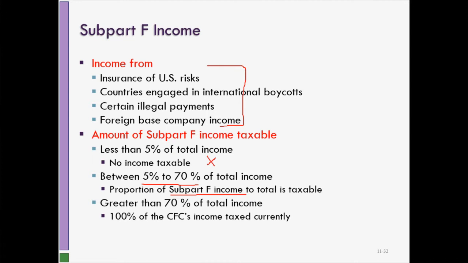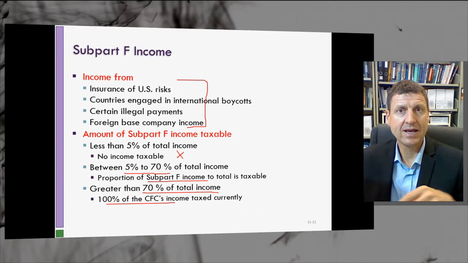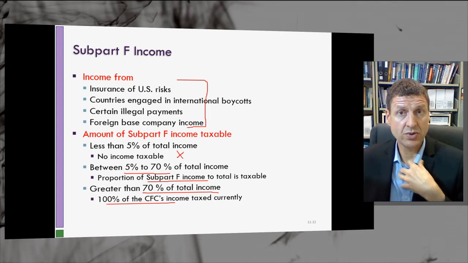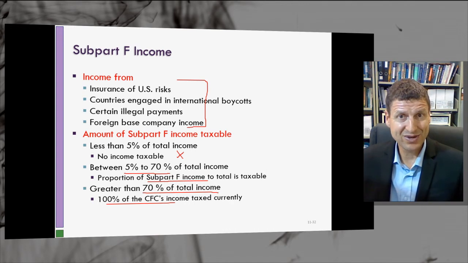Finally, if these types of income make up over 70% of the total income, then 100% of the foreign controlled company's income is taxed currently, as if 100% of that income was declared as a dividend and paid to you, the domestic parent company in the US.